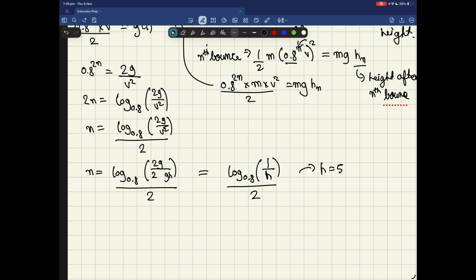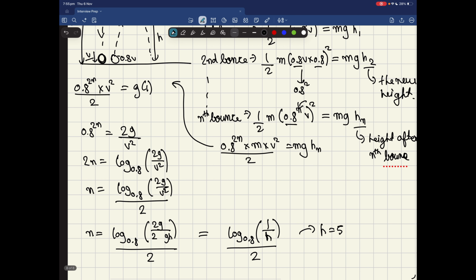So in this case, if I sub it in now, log base 0.8 of 1 over 5, divided by 2. Have I made a mistake?